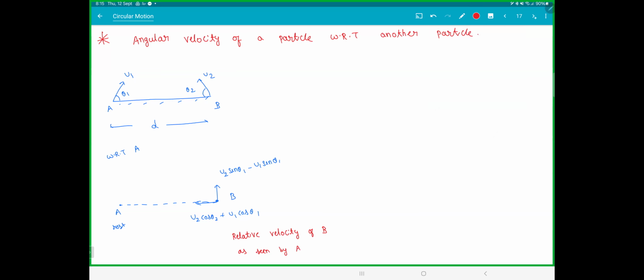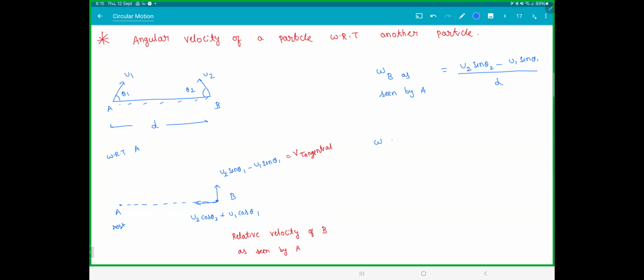Now you tell me, in this, what is the tangential velocity? This is your V tangential, isn't it? So this is how we define. So omega of B as seen by A will be u2 sine theta 2 minus u1 sine theta 1 by D. So this is your general formula, everyone.